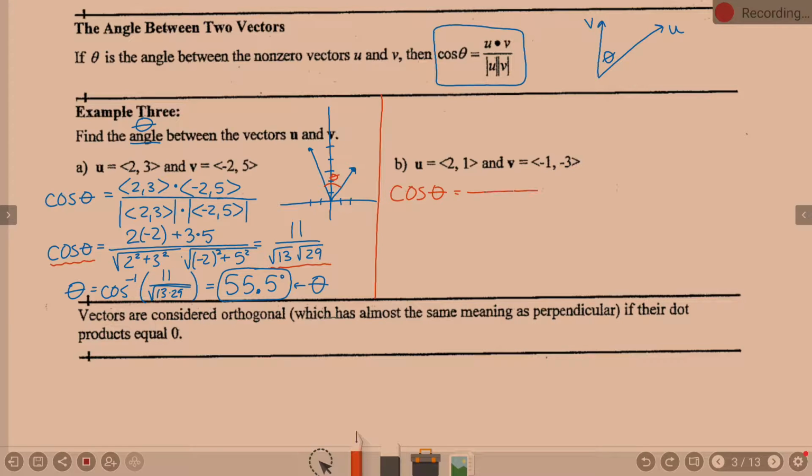In order to do this, on top we're doing U dot V. U dot V says I'm multiplying U and V, and in order to multiply vectors U and V, we use the dot product. Dot product says first times first plus second times second.